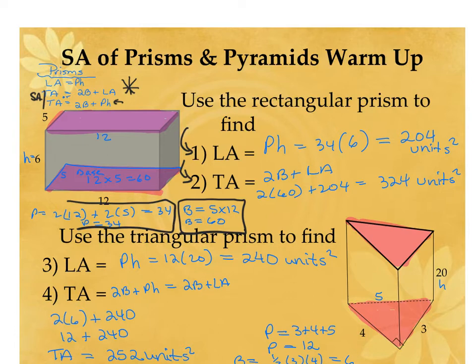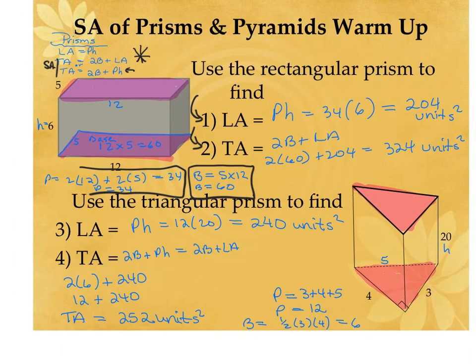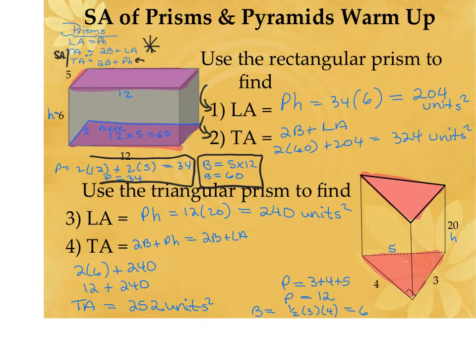All right, so for numbers 3 and 4, this one was a little bit more challenging, but not too bad, because notice my base shape is actually a right triangle. Again, the base is what you have 2 of. I have 2 triangles. Now I did need to realize that my base triangle was a triple.